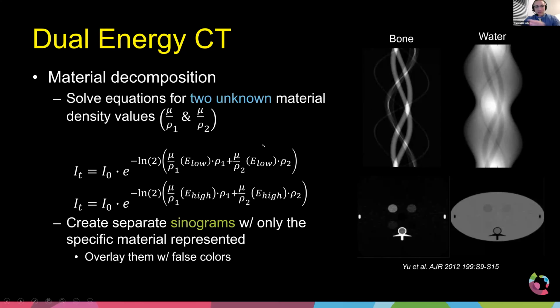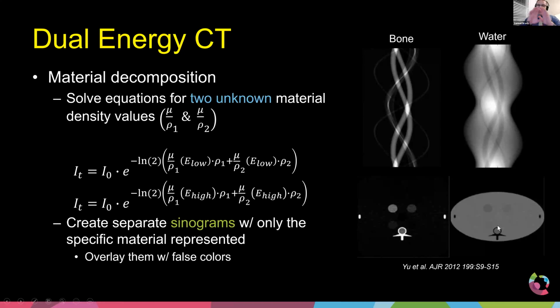Now we can solve these equations for every voxel in our body, and we can create sinograms specific to the materials we're interested in understanding. Here I show a sinogram separated just for bone, and one just for water. They're not perfect separations, because water has hydrogen and oxygen, while bone is mostly calcium but still has some low atomic number components.